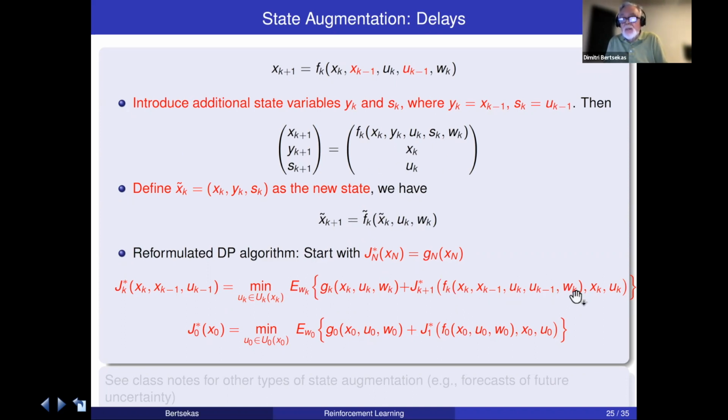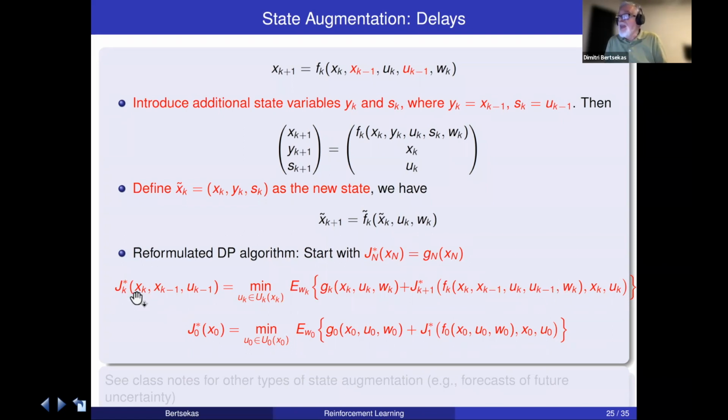It involves this part, and this part. It is still a legitimate dynamic programming equation. You take the expected value of that, minimize with respect to u_k, and then what you get on the left-hand side is something that depends on the new state. In other words, on x_{k-1} and u_{k-1}, which also appear here.